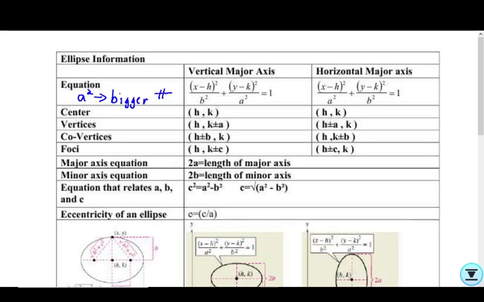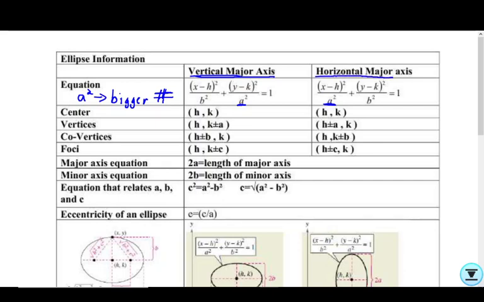This is not a hashtag, this is the number sign. A squared is always the bigger number. So if a squared is under y, it's vertically major. See how a squared here is under the y? That means I have a vertically major ellipse. If a squared is under the x, then it's horizontally major.